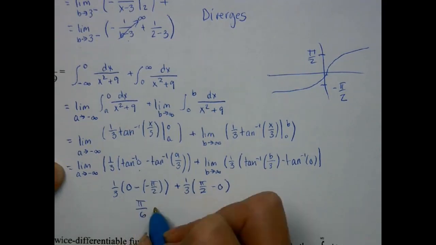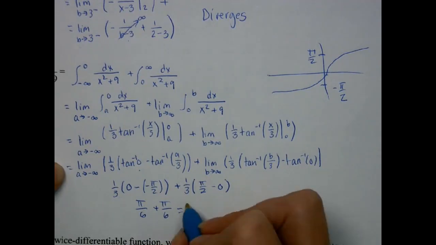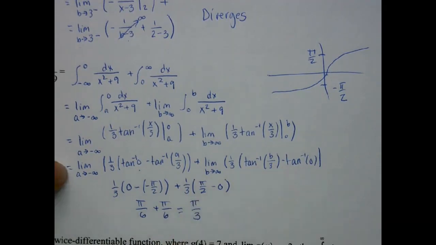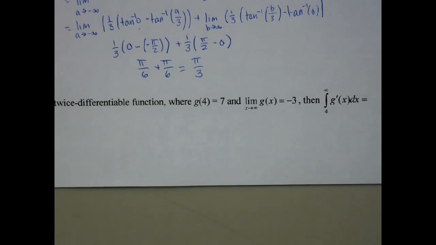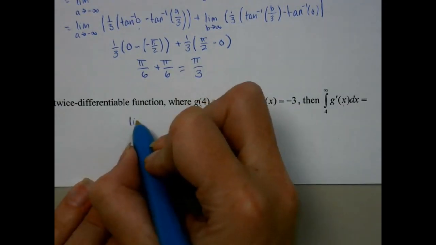All right, so this last one, if g is a twice differentiable function where g of 4 is 7, and the limit as x goes to infinity of g of x is -3, then what is this integral? Well, I'll use the limit as b goes to infinity of the integral from 4 to b of g prime of x.